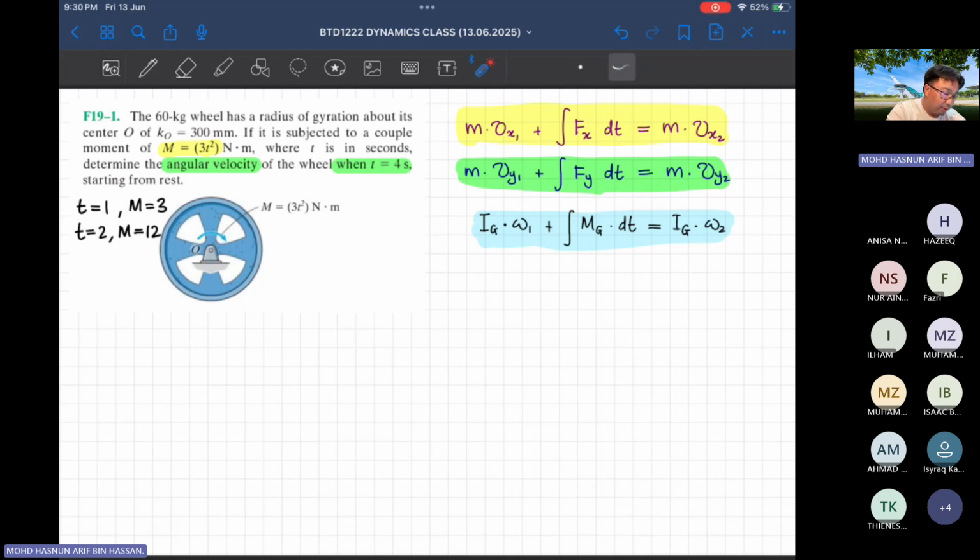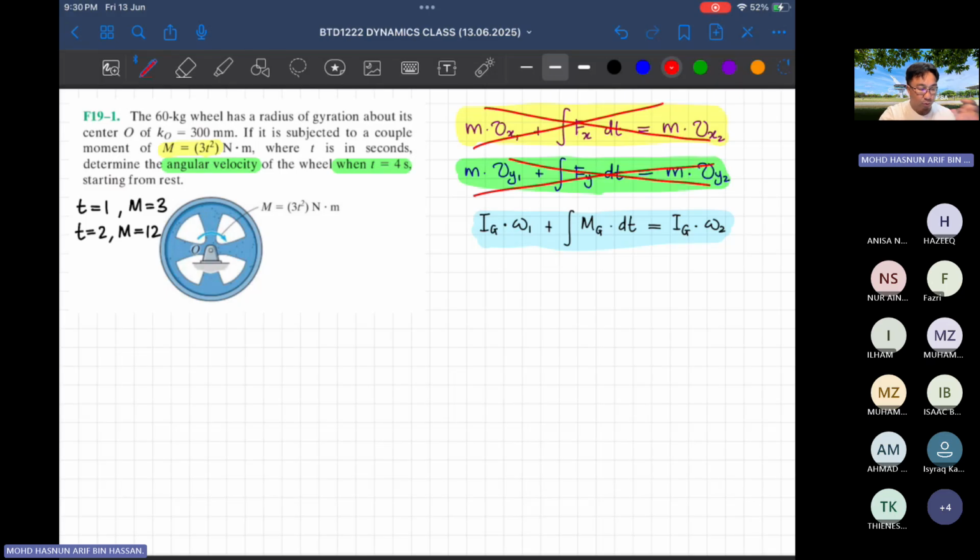Number two, you can see that the object here is having a rotation motion. The wheel will stay in this place, but it will rotate in clockwise direction. So for this question, you don't have to use the equations for the linear impulse and momentum in the x and y axes. What we want to know is omega 2, after t is 4 seconds.